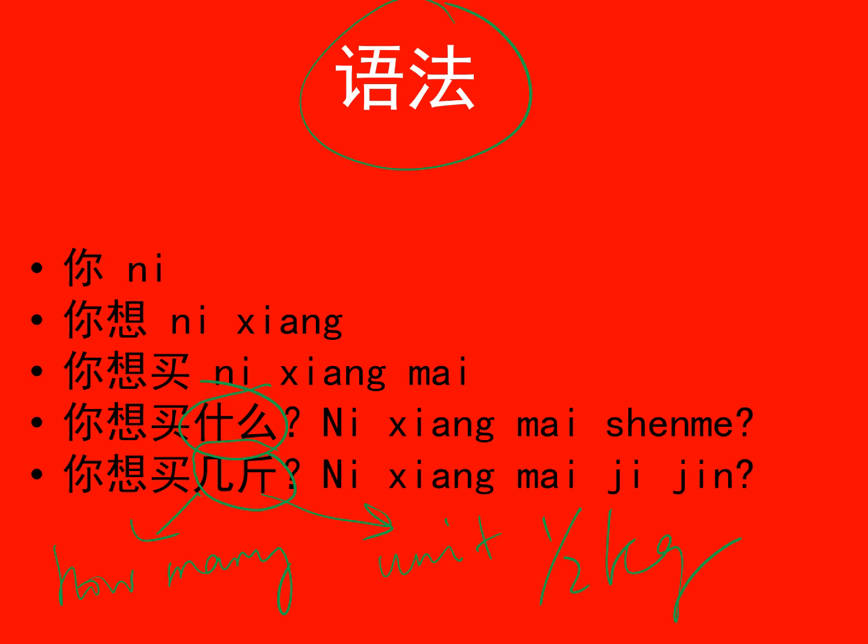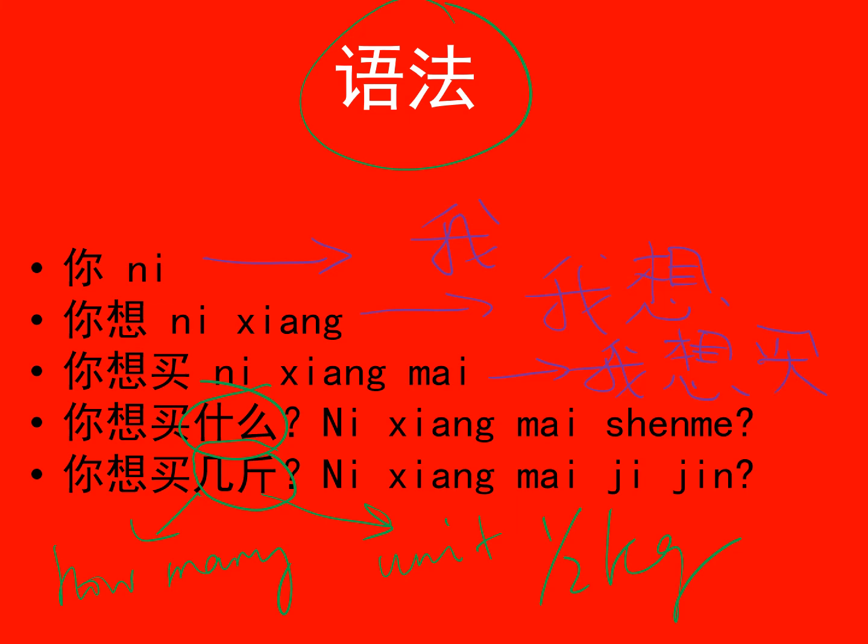Okay, so when we are answering these questions, it's actually very easy to do. First step, you change 你 into 我, 你想 into 我想, 你想买 for the third one into 我想买. And it depends whether you're going to go for the fourth question or the bottom question.